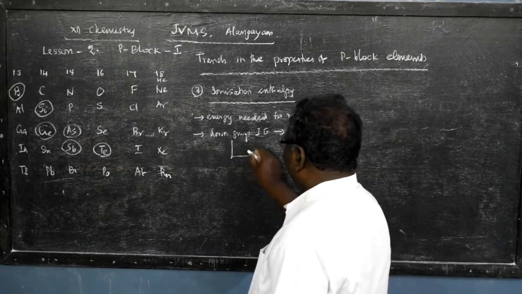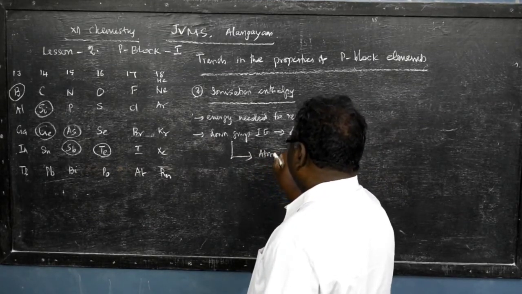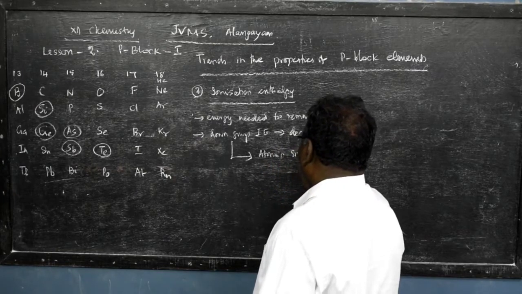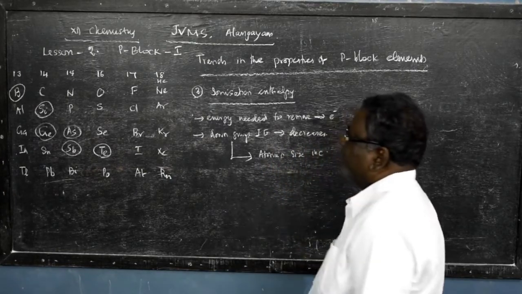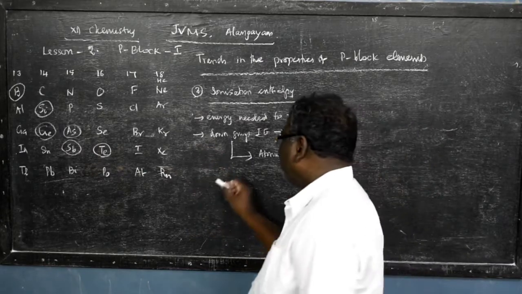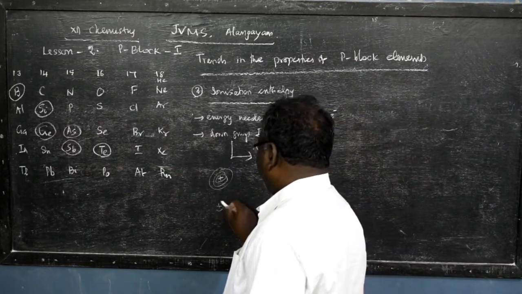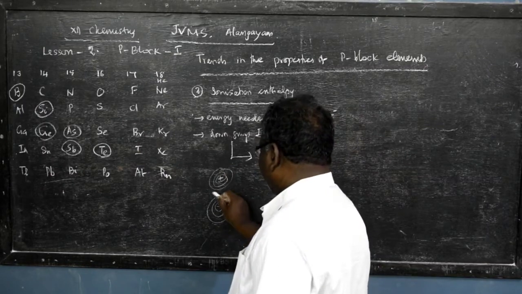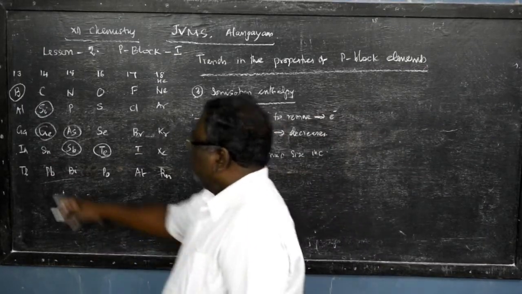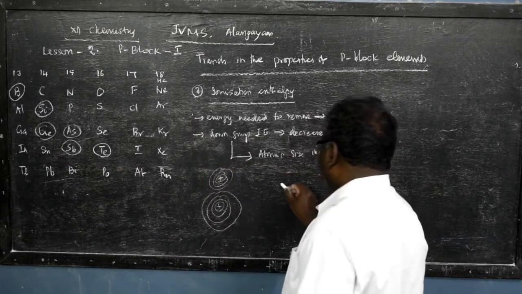Why? Because down the group the atomic size increases. For example, boron will have only 2 orbits, whereas aluminum will have 3 orbits, and gallium will have 4 orbits.